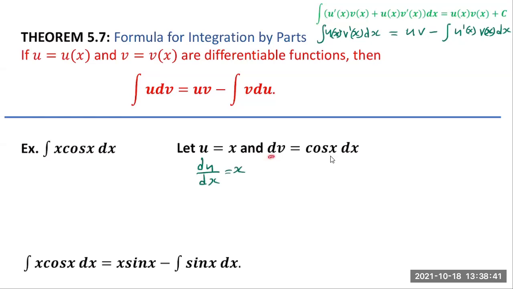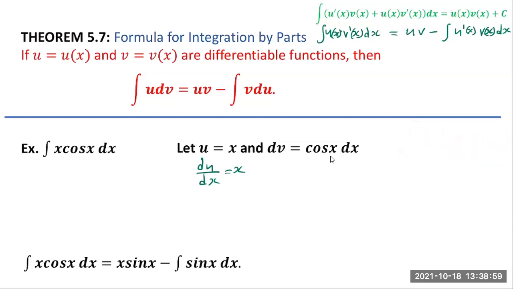And from the other one, I can anti-differentiate both sides. If I anti-differentiate the left-hand side, the integral of dv is just v. We know that it's just 1 times dv, that is v, if you integrate that.